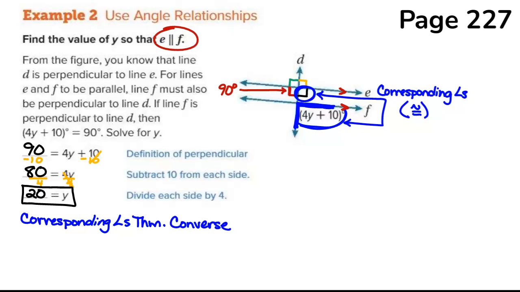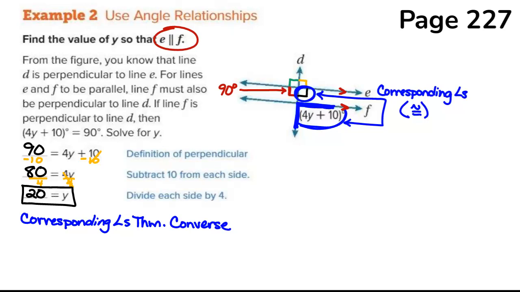Is that what you're saying? It's not that it wouldn't make sense. It's that we were asked to do this so that lines E and F are parallel, which means I need one of my angles to touch line E. So it has to be one of those 90-degree angles up at the top and one angle that touches line F. So that's my 4y plus 10.